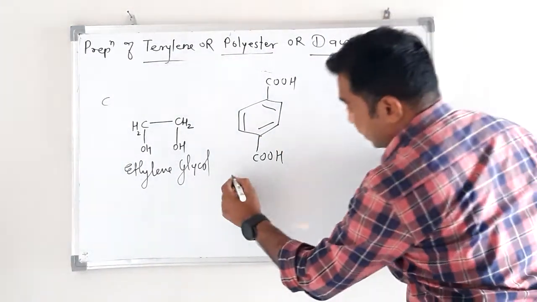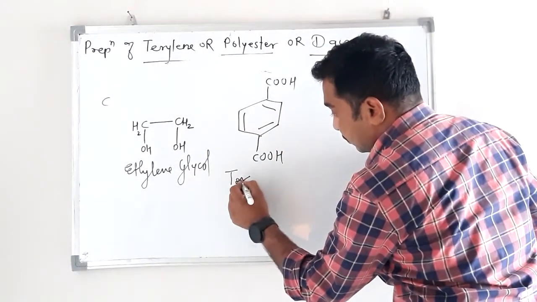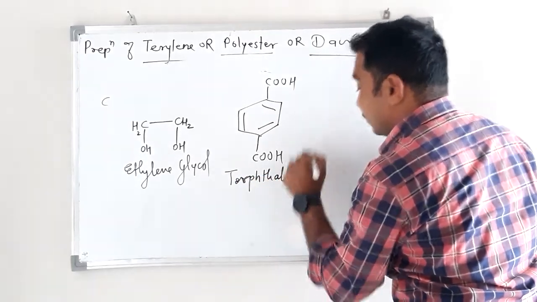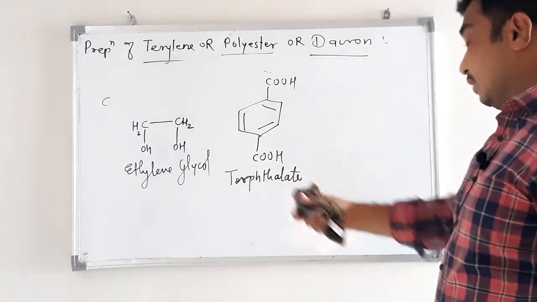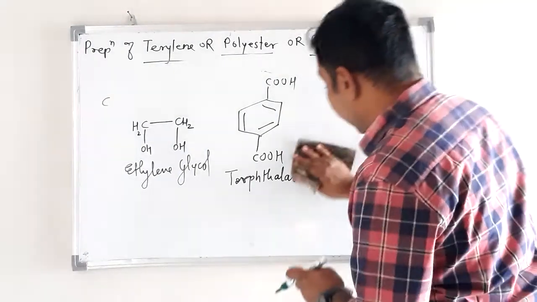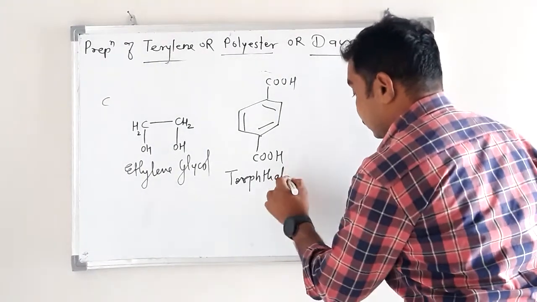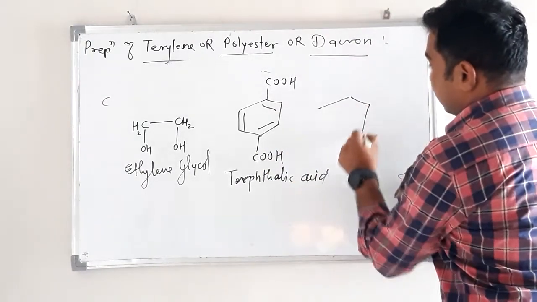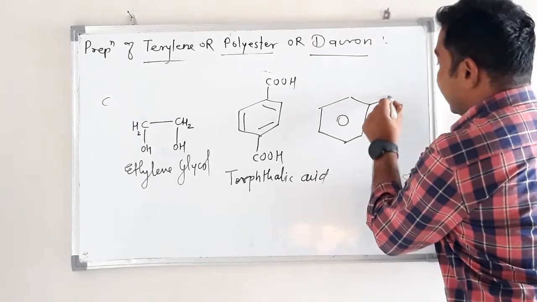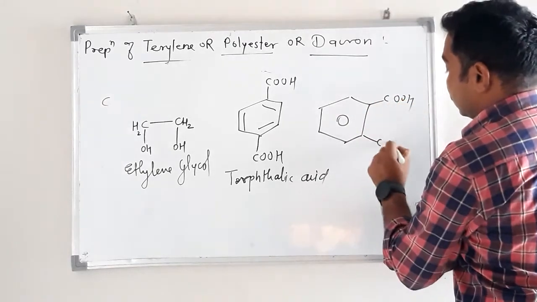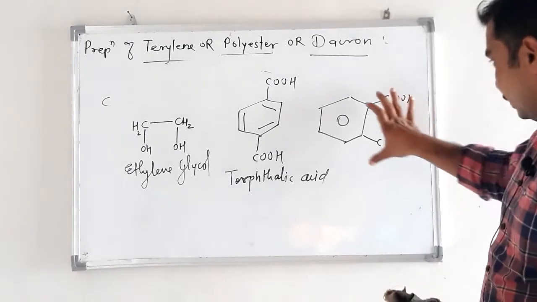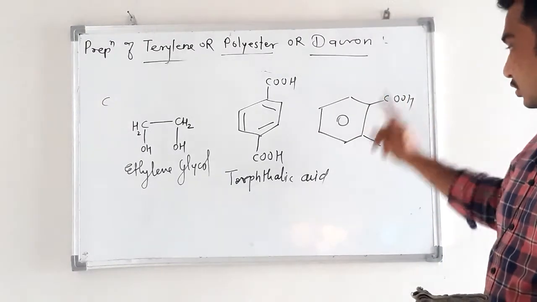This structure is known as phthalic acid. Okay, not terephthalate, terephthalic acid. This is the structure of phthalic acid, COOH. Phthalic acid is a dicarboxylic aromatic acid.